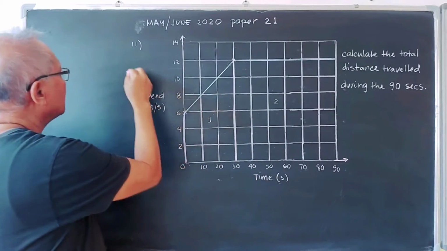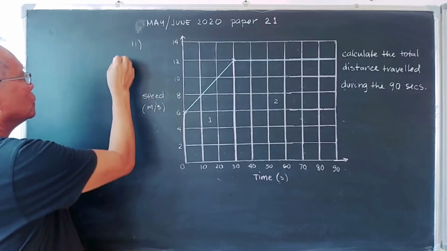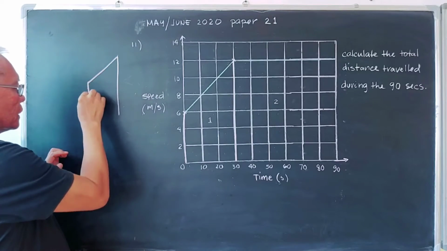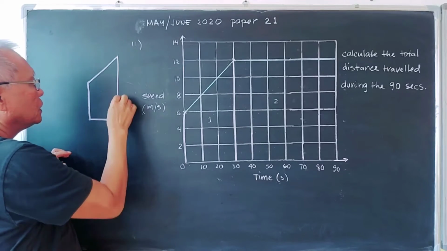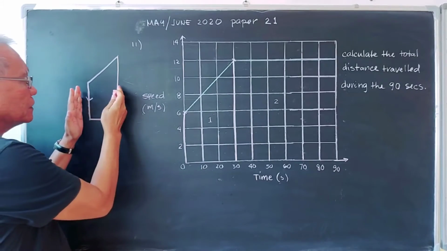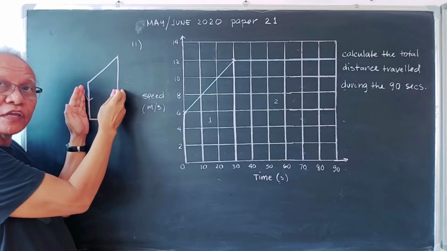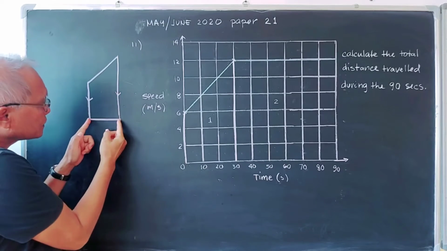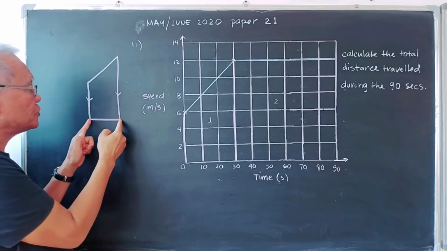Area 1 is a trapezium. These two are the parallel sides here. So we add these, get the average by dividing by 2, times the distance between them. That's the area of a trapezium.